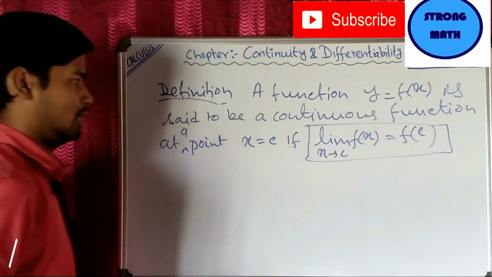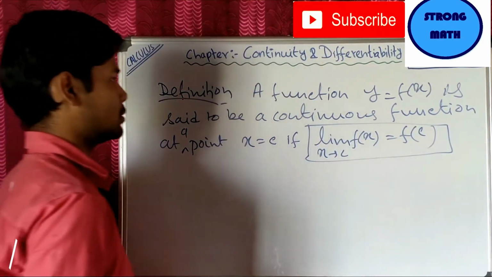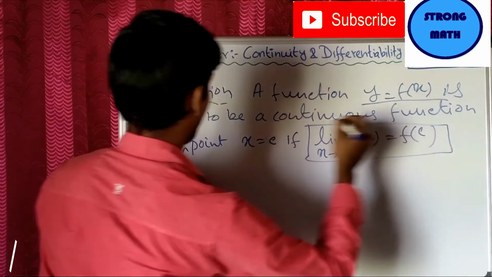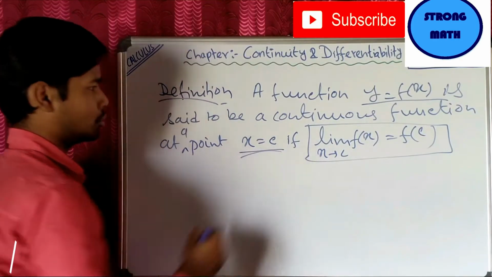If this happens, that is limit x tends to c of f(x) equals f(c), then we say that the function y equals f(x) is continuous at x equals c.